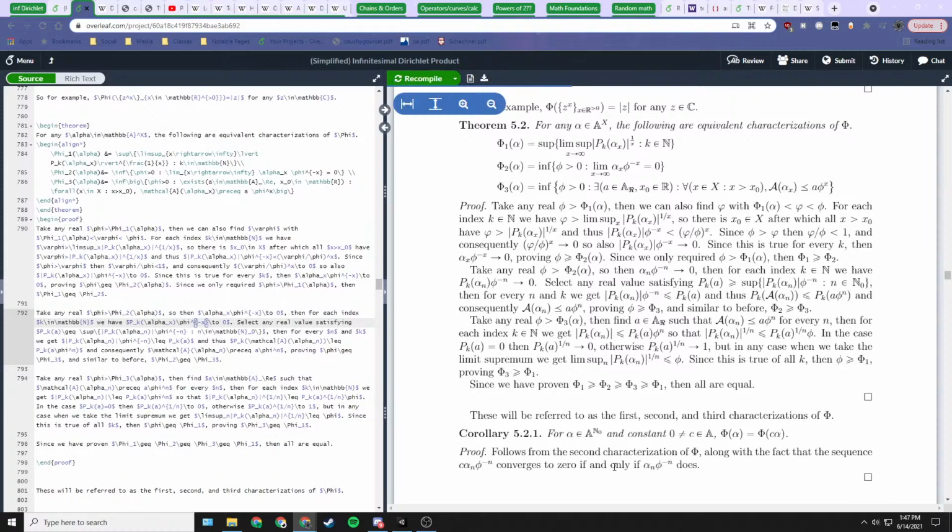Let me take a look at that. Then for each index, hold on, any real phi greater than this, so then alpha x phi minus x goes to 0. Okay, naturals we have, this goes to 0, so something, hold on.